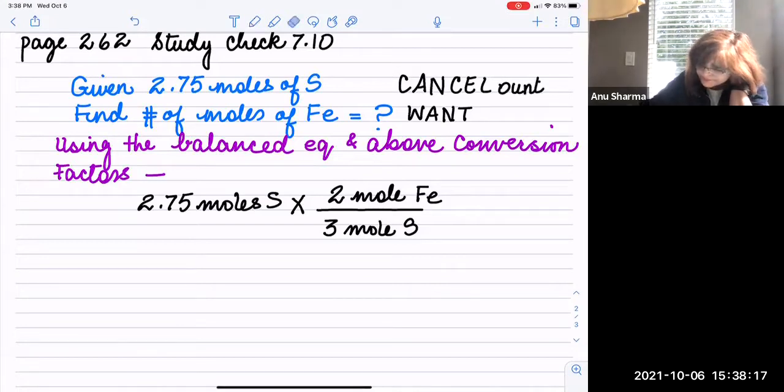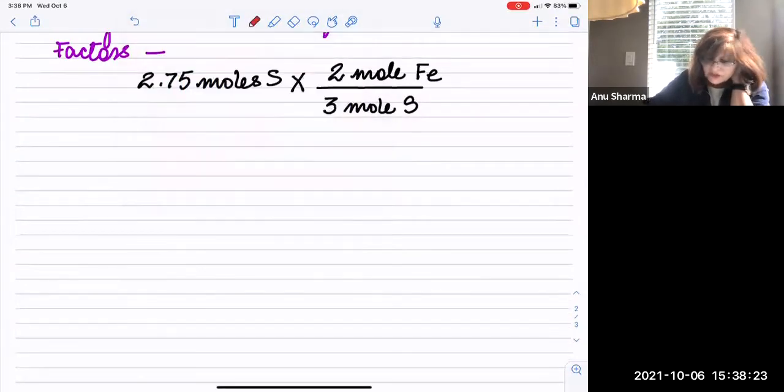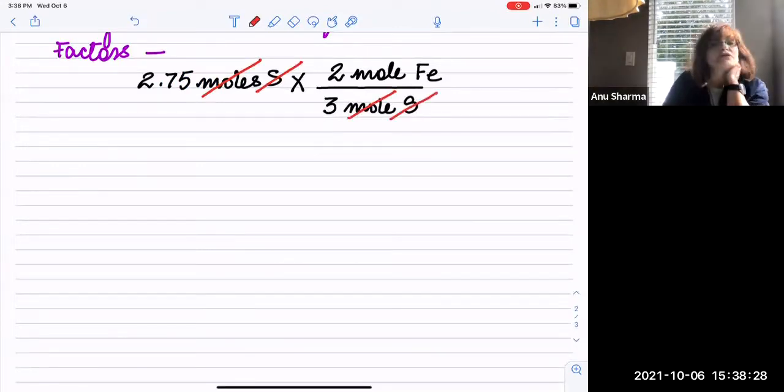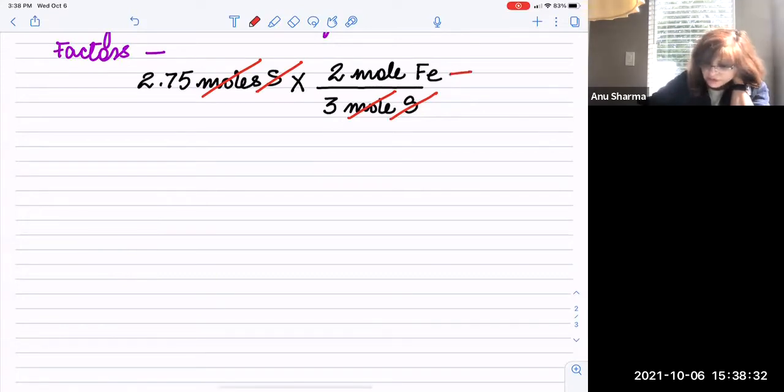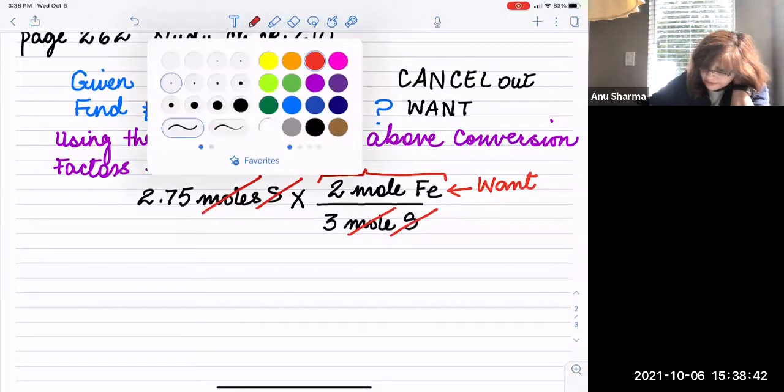So we see here that the moles of sulfur and moles of sulfur cancel out, and you're left just with the moles of iron. So this is the moles of iron is what you want. This piece right here is coming from the balanced equation.